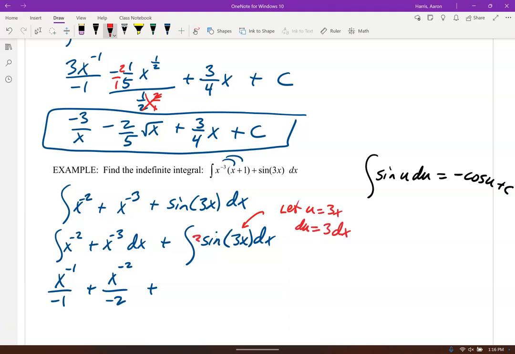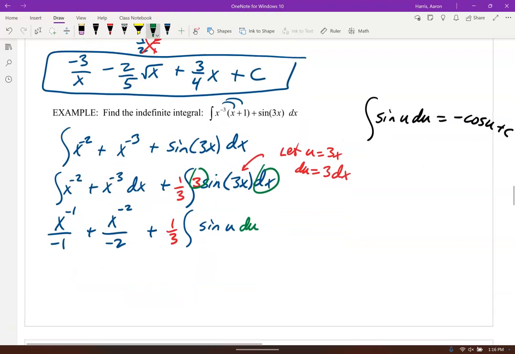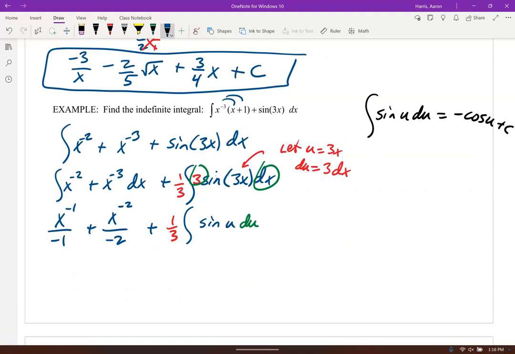So 3 dx, I got to offset it with the 1/3, right? So I have 1/3 integral of sine of u. Here's my du. And so I got 1/3 integral of sine is negative cosine of u. u is 3x. And then plus the constant.